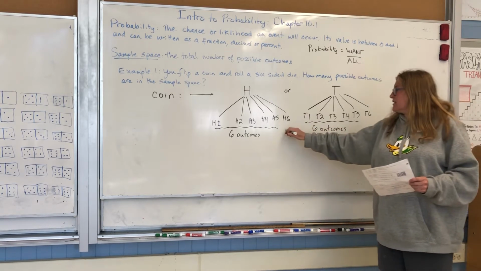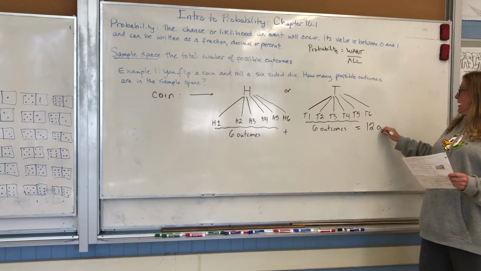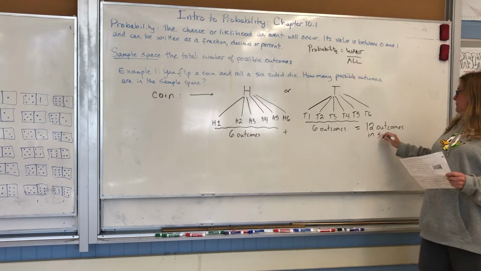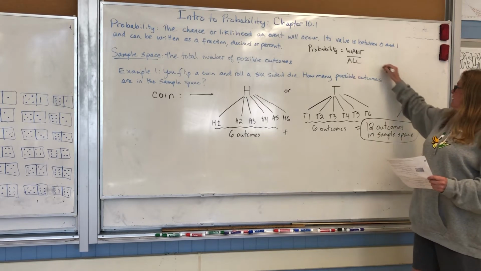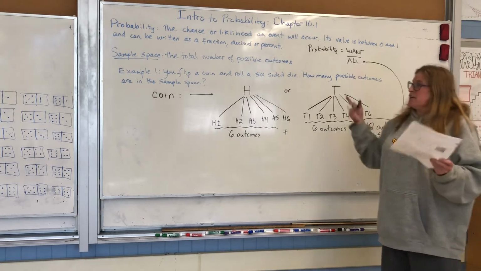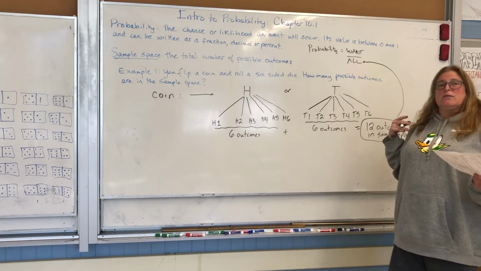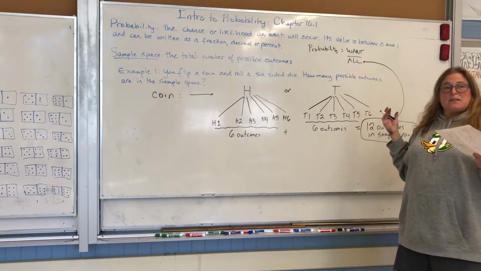If I take the 6 outcomes plus the 6 outcomes, I get 12 outcomes in the sample space. That would be the denominator of our want over all. And then we could define an event, like what's the probability of rolling a heads followed by a 2? But first we always want to define what our sample space is.